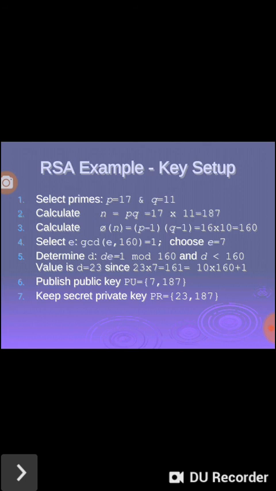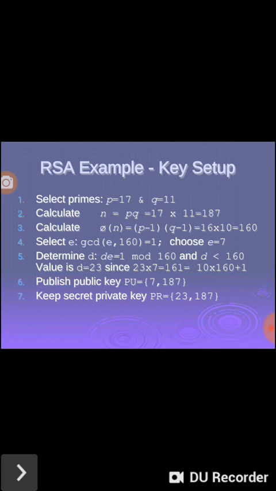Now one RSA example. How we are going to select the prime numbers, that is p equal to 17 and q equal to 11. So we have calculated n, that is p into q equal to 17 into 11 equal to 187. We have calculated phi of n, this is 160. We have chosen e equal to 7, and the value of d is equal to 23.